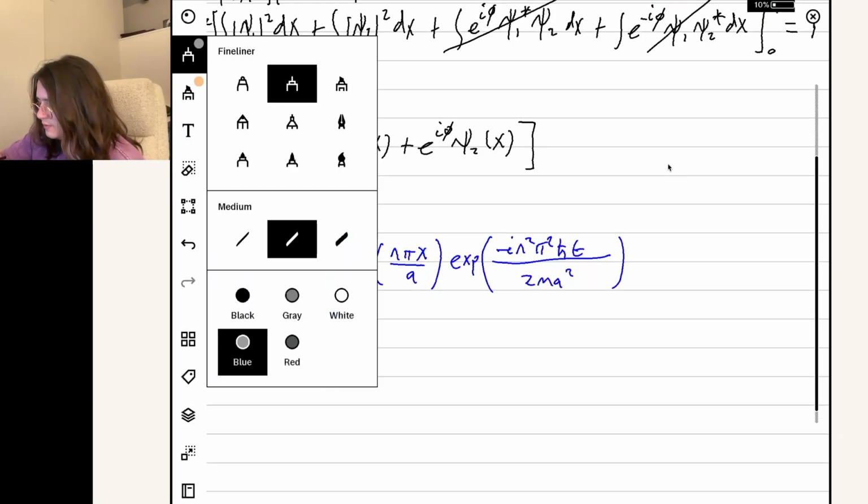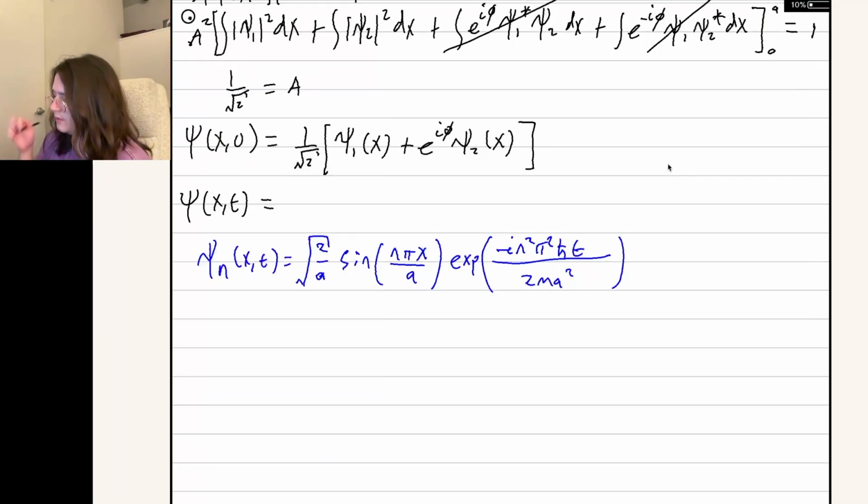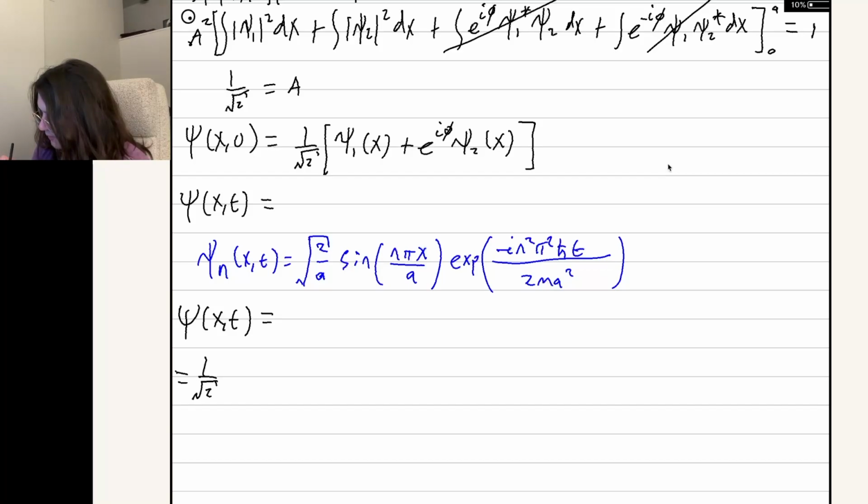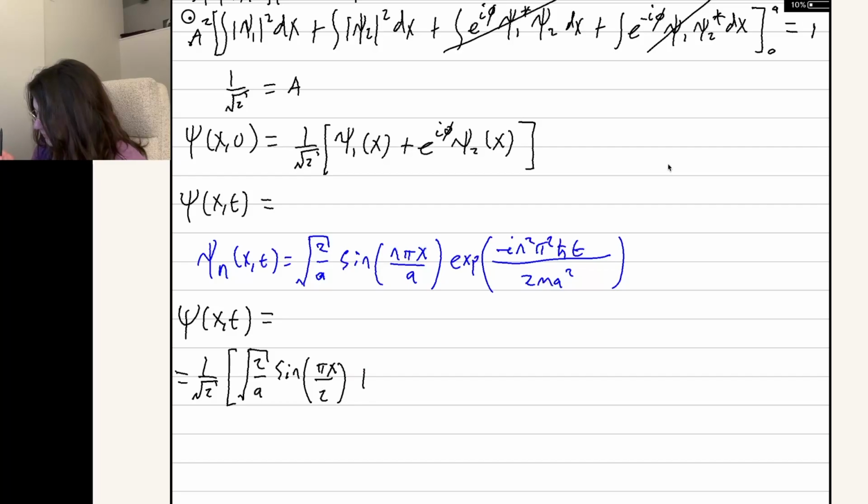So then just plugging that into our situation, we'll get something very similar to what we did before. But now there's going to be an additional term on the psi 2 stuff. So this is going to be times exp minus i pi squared h bar t over 2ma squared.